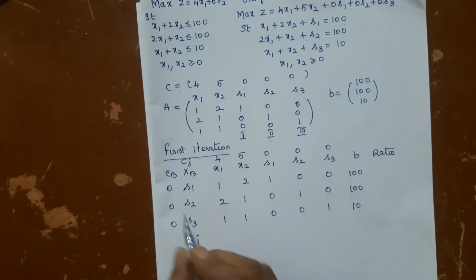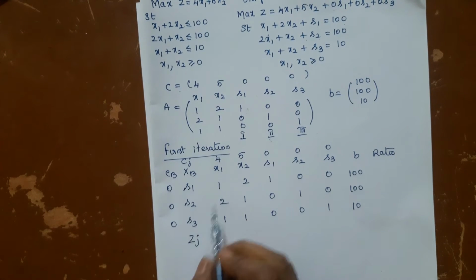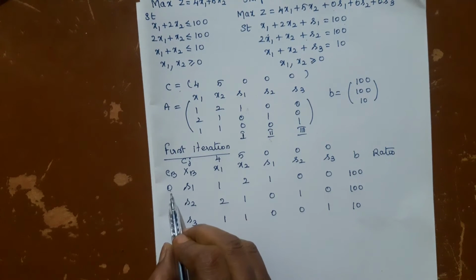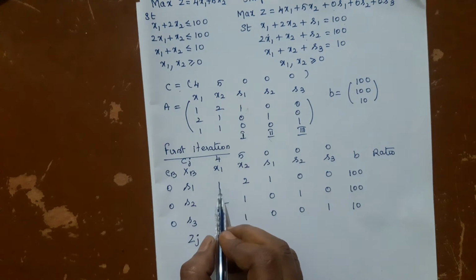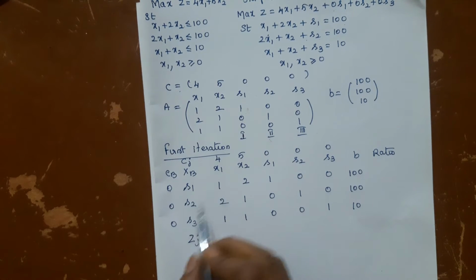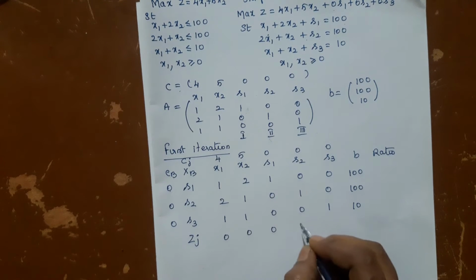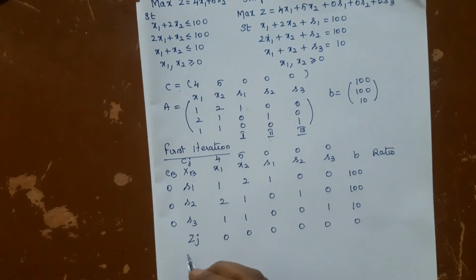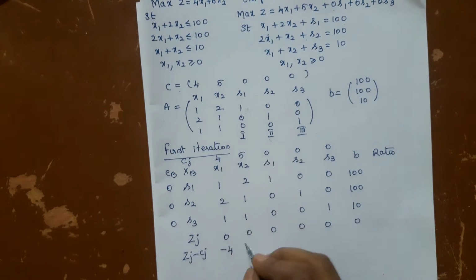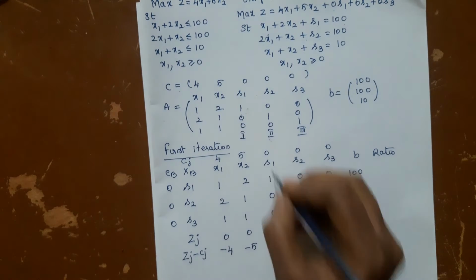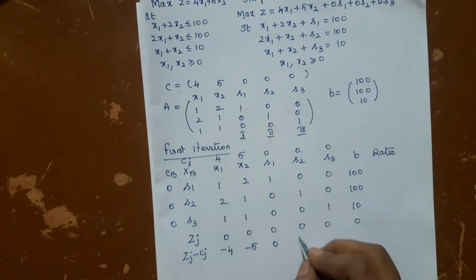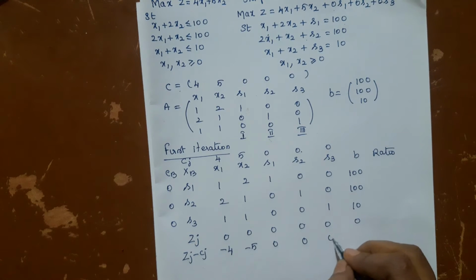Let us compute Zj as the sum of the product of the elements in the cost vector and the coefficient matrix: 0, 0, 0. So Zj is 0 everywhere. Now Zj minus Cj, the net evaluation: 0 minus 4 is minus 4, 0 minus 5 is minus 5, 0 minus 0, 0 minus 0, 0 minus 0.